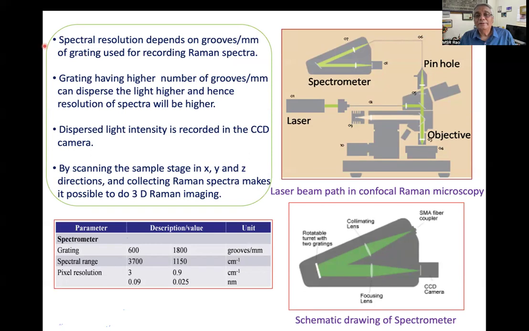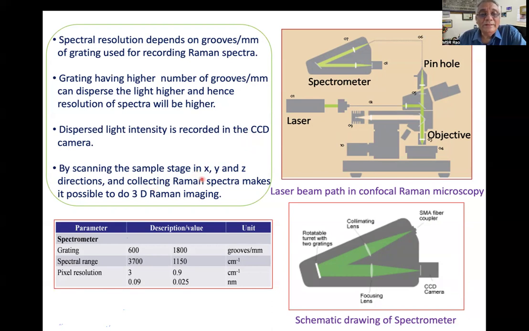So this is a schematic of a Raman spectrometer. You have a laser source, you have a spectrometer, and all these optics to focus the beam onto the sample in order to get a good amount of intensity that can be captured by the CCD camera.